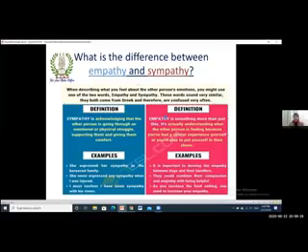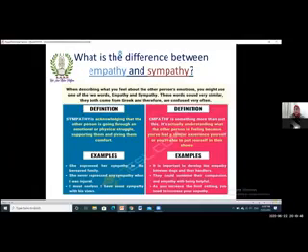Let's differentiate between empathy and sympathy, and you will choose what is related to yourself. Do you prefer empathy or sympathy?